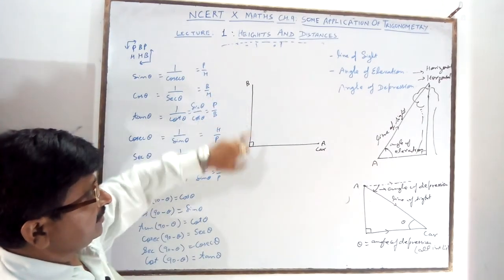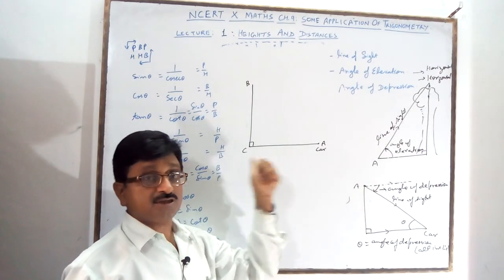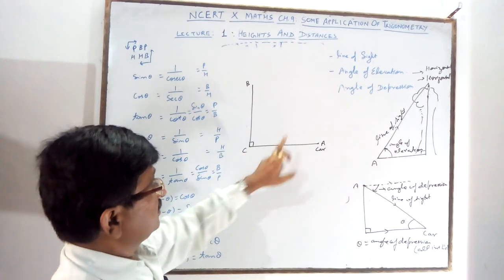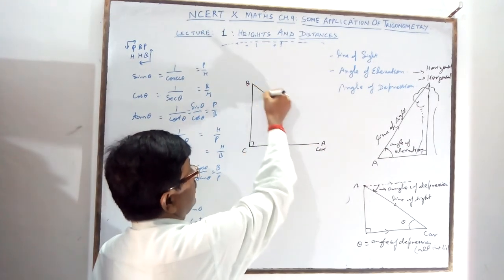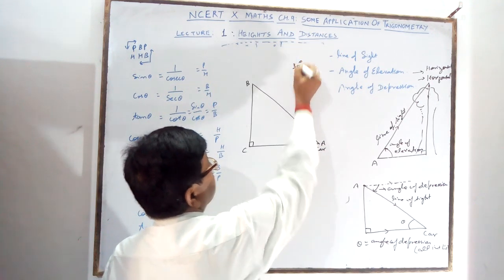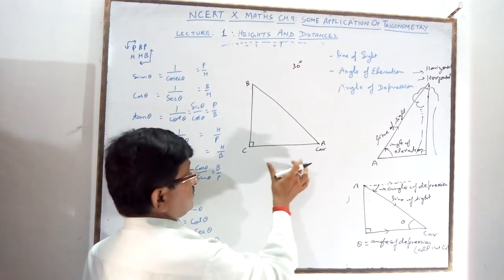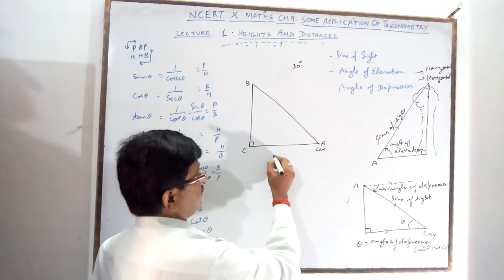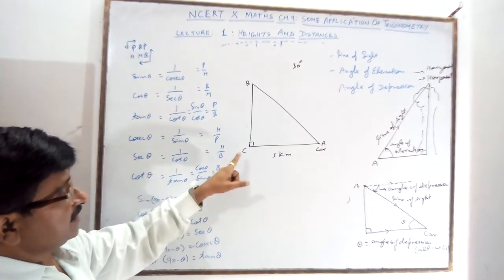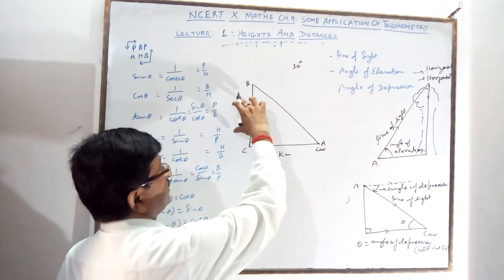From the top of a building, the angle of depression of the car standing on the road approaching the base of the building is 30 degree. If the horizontal distance of the car from the building is 3 kilometer, then find the height of the building.